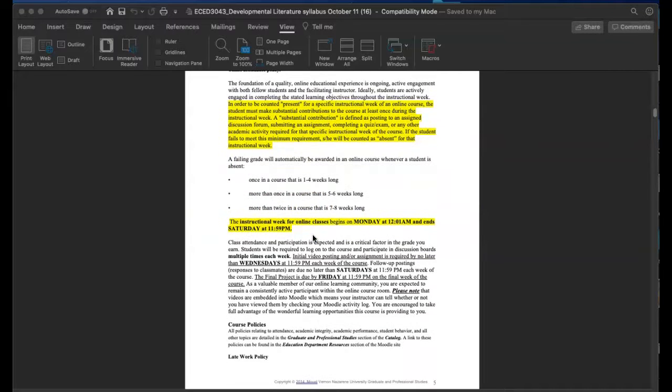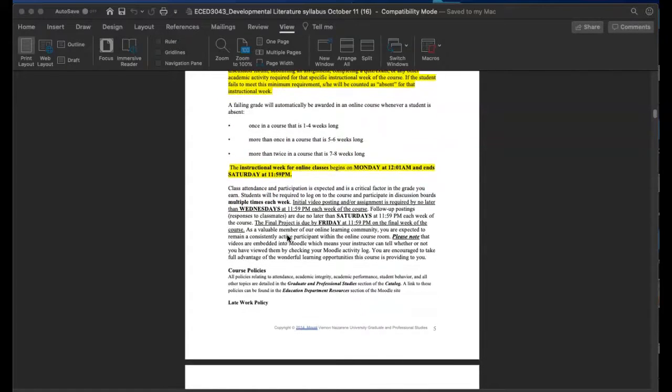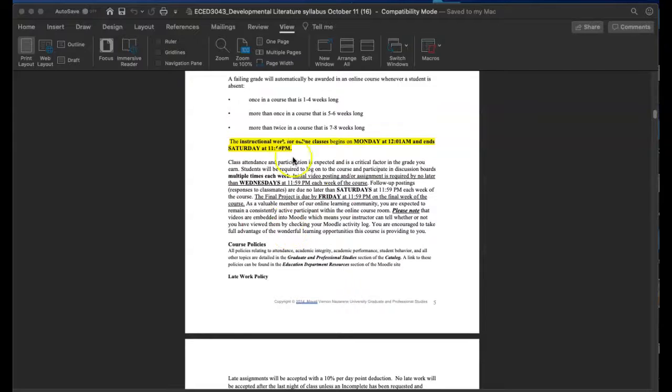As you know, our instructional week begins Monday at 12:01 a.m. and ends Saturday at 11:59 p.m. Your initial postings of the forums are to be posted Wednesdays by 11:59 p.m. and your follow-up postings to your classmates are due Saturday by 11:59 p.m. Your final project for week 8 is going to be due on Friday by 11:59 p.m. of the final week.